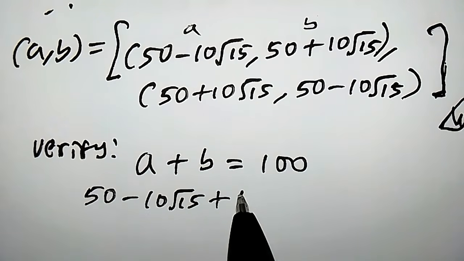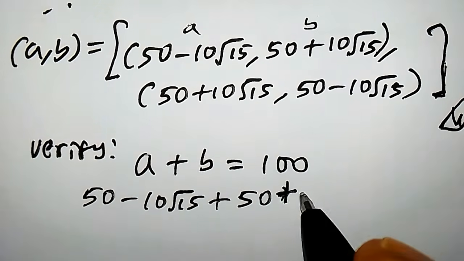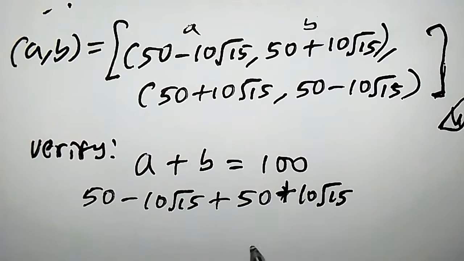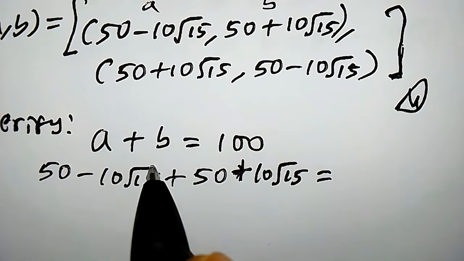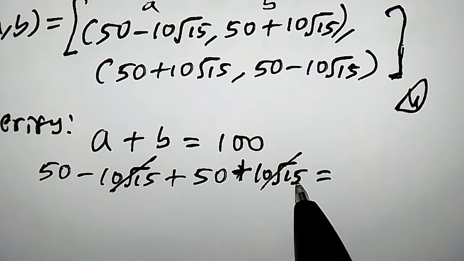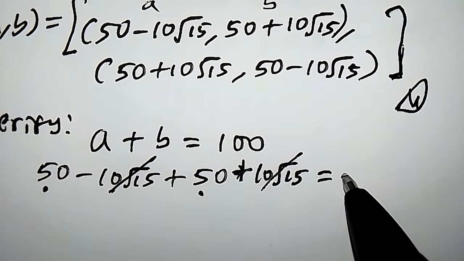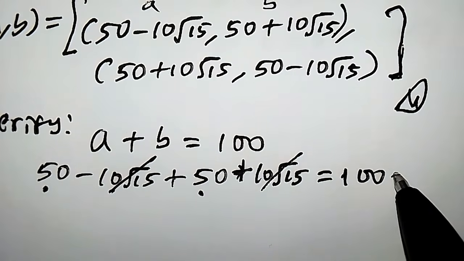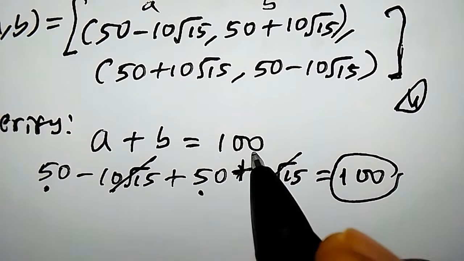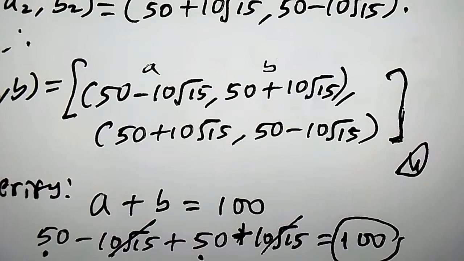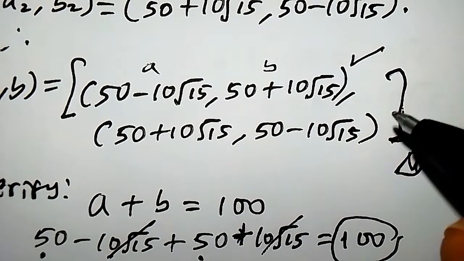B is this guy, 50 plus 10 root 15. This equals, minus 10 root 15 cancels plus 10 root 15. We are left with 50 plus 50, which is just 100. This is exactly what we have on the right hand side of this equation. So indeed, the first solution is correct.